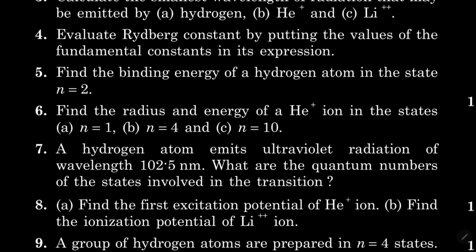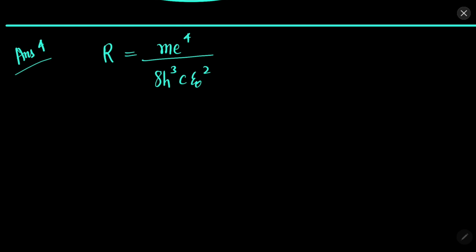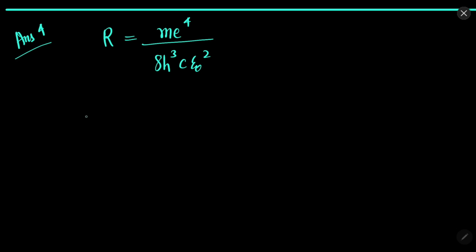In question 4, we need to evaluate the Rydberg constant by putting the values of fundamental constants in its expression. Fourth one. The Rydberg constant can be obtained by this equation, where all of these quantities are constants.